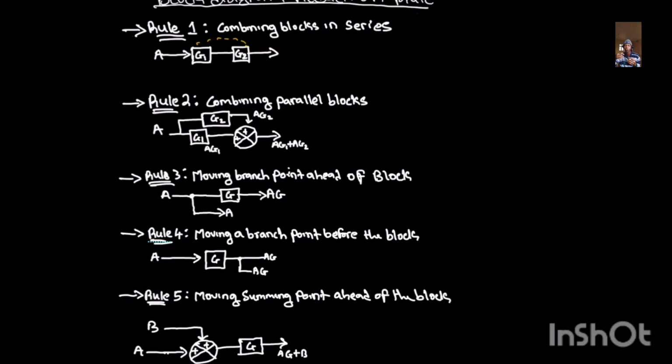Whenever you hear series, it simply means we are going to multiply those blocks. For example, we have A, which is the input into G1 and G2. So this is in series now, and we are going to multiply these two blocks.